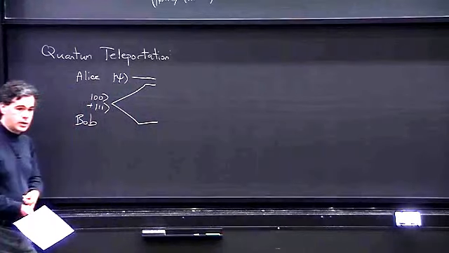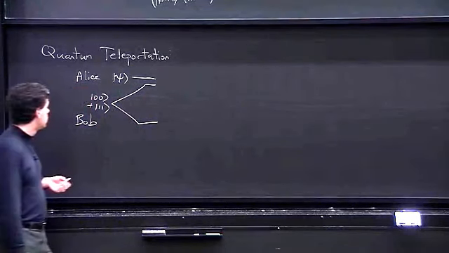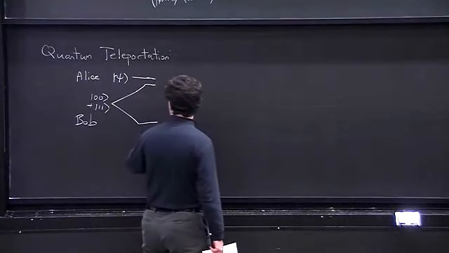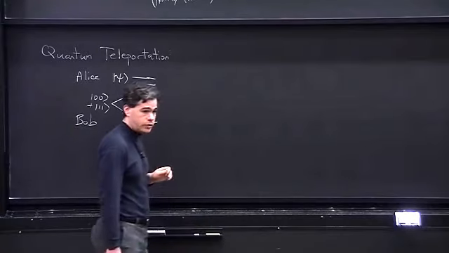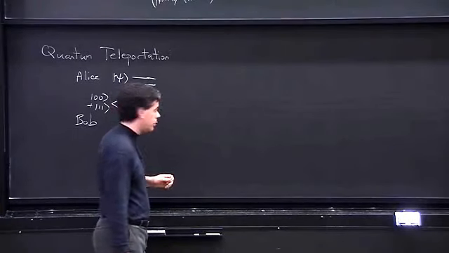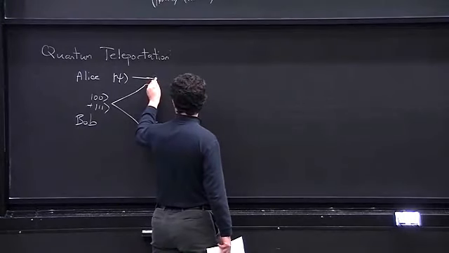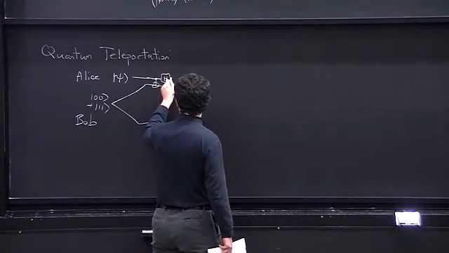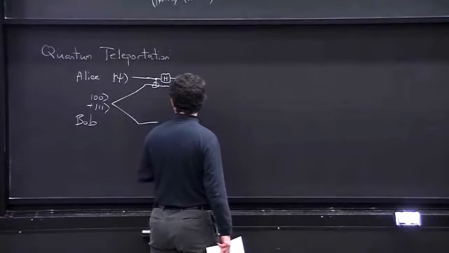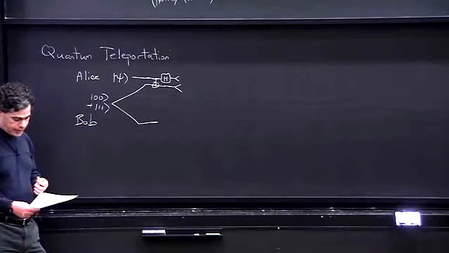Okay? Now there's something they can do. That something is quantum teleportation. And so the way that works is Alice has two qubits, and she's going to make a Bell measurement on them. A Bell measurement we can implement in the following way. We do a CNOT and then a Hadamard, and then we measure these two qubits.